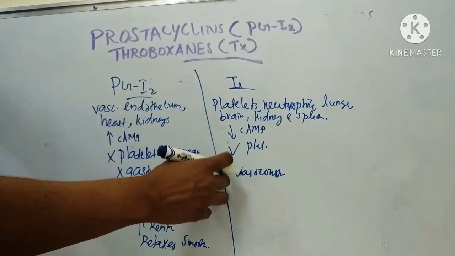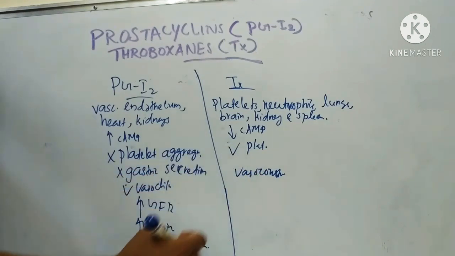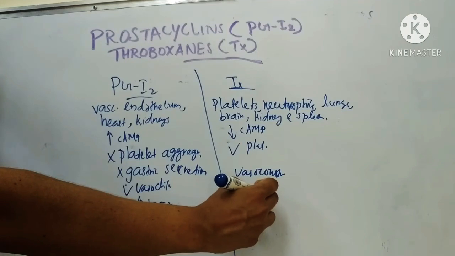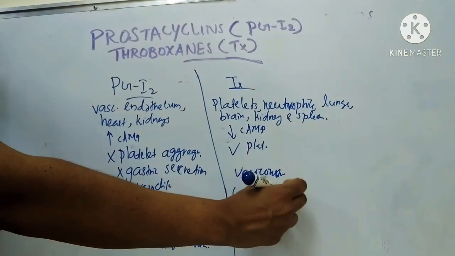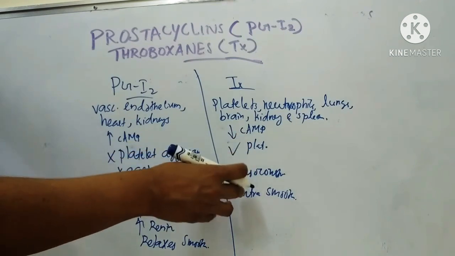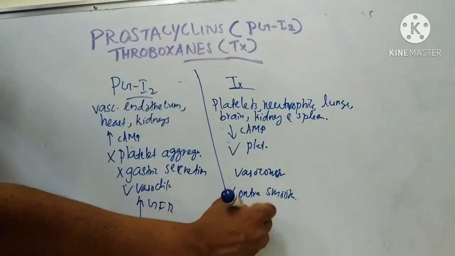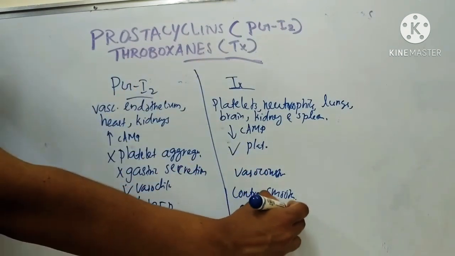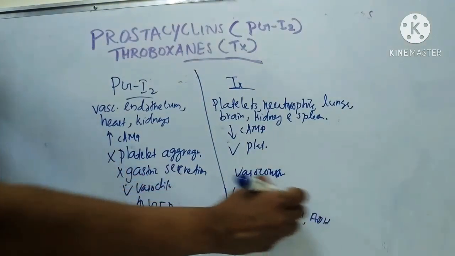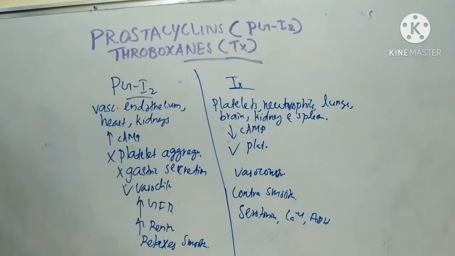Coming to thromboxanes, they produce contraction of smooth muscles. Then thromboxane induces release of serotonin, calcium ions and ADP.